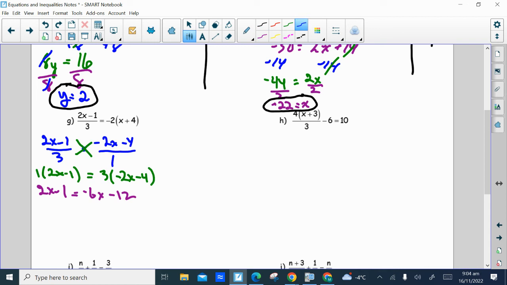And because we have a negative 6x on the right, I would add 6x to both sides. 2x plus 6x on the left will equal 8x minus 1. And on the right, the negative 6x plus 6x cancels. You're left with negative 12.